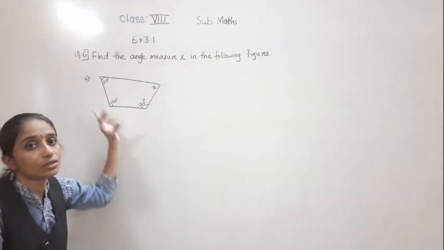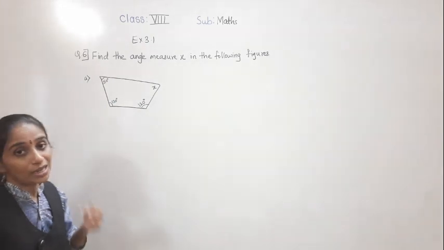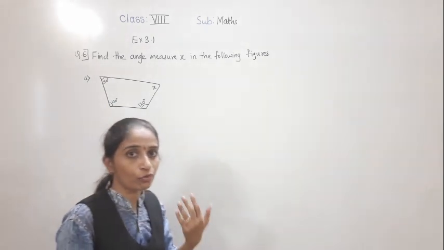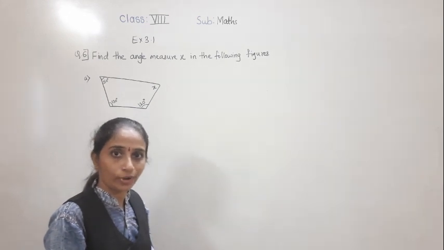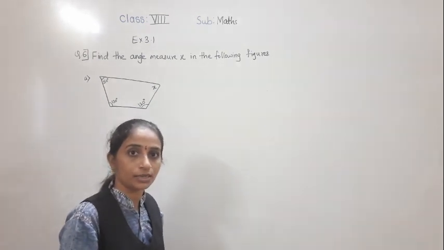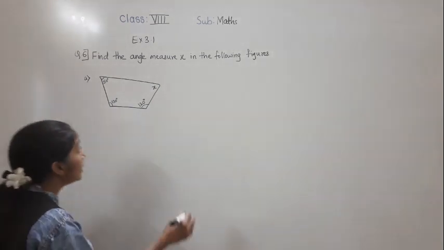Now which figure is this? Quadrilateral. Okay, now you have learned the angle sum property of a quadrilateral. The angle sum property of a quadrilateral is 360 degrees.